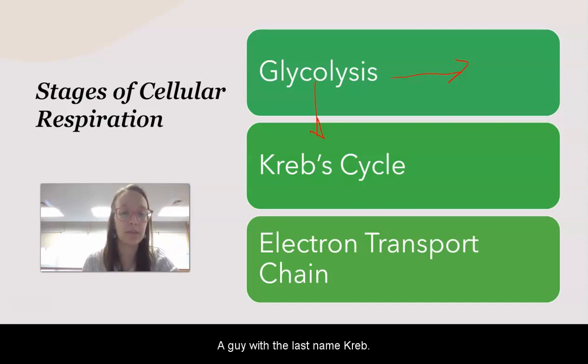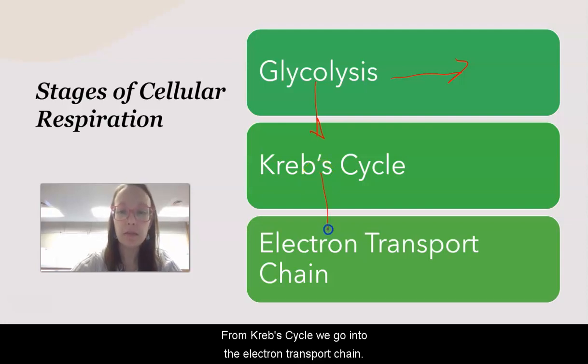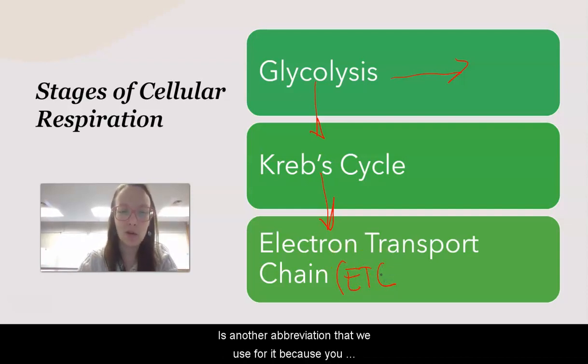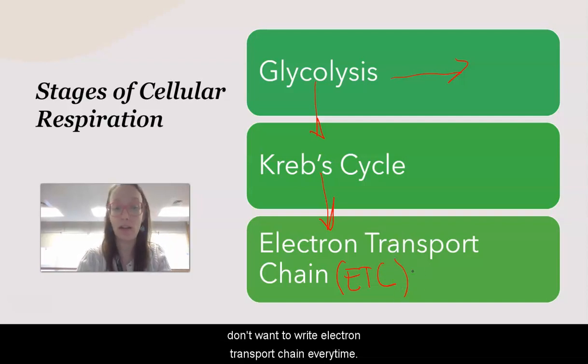So then we go into Krebs cycle. Then from Krebs cycle, we go into the electron transport chain, or ETC is another abbreviation that we use for it because, well, save a little time. You don't want to write electron transport chain every single time.